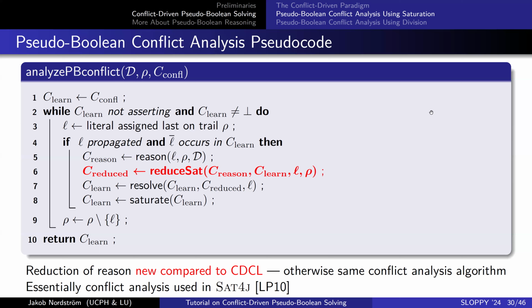Other than that, everything is exactly as before. So now we have our first pseudo-Boolean solving algorithm. Again, I want to stress, the only thing is this mysterious reduction step applied on the reason side. And this is, to the best of my understanding, what the default setting in SAT4J does.